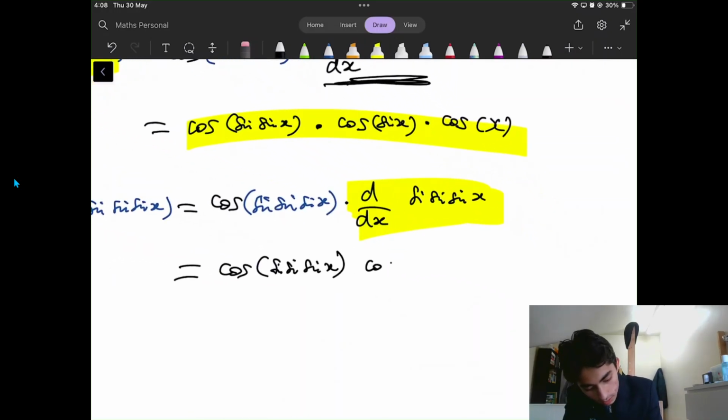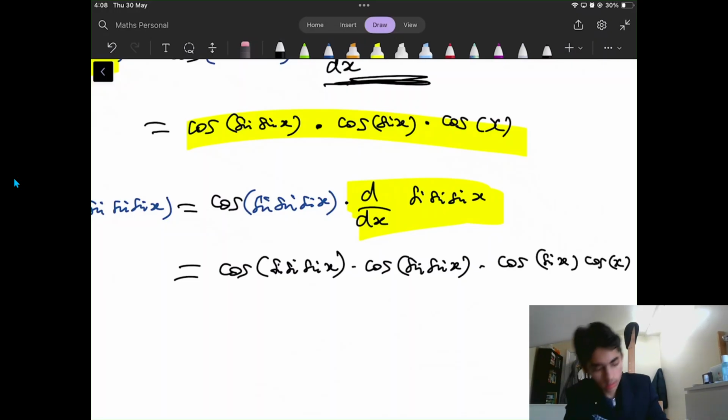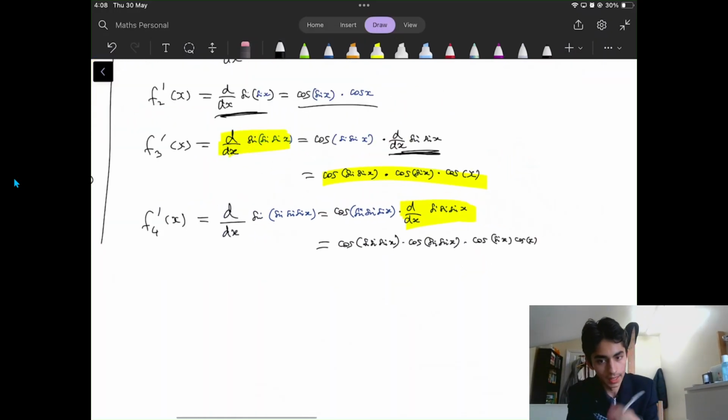So we get cosine of sine of sine of sine of x times cosine of sine of sine of x times cosine of sine of x times cosine of x, right? Yeah, I think now we are ready to generalize it and assume that this pattern goes on forever for all positive integer values of n, right?